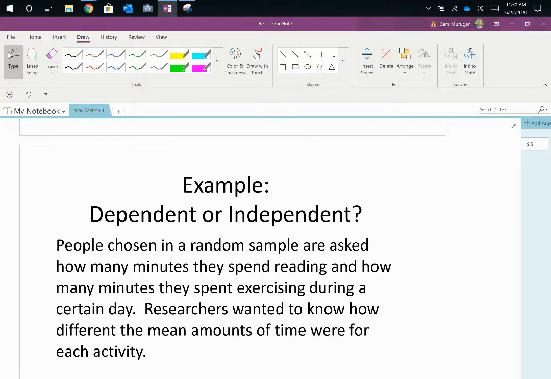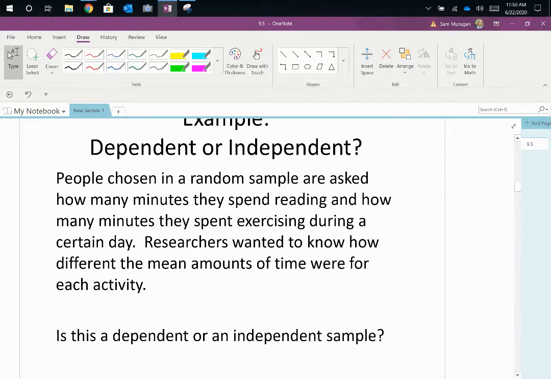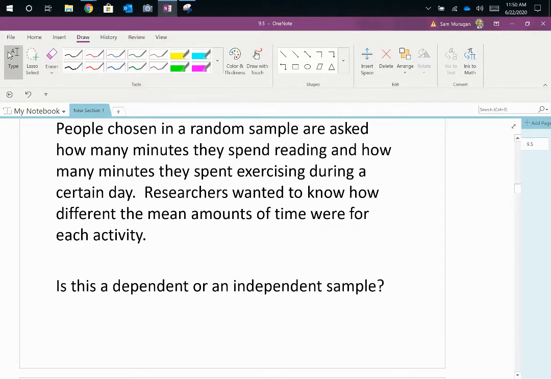People chosen in random samples are asked how many minutes they spend reading and how many minutes they spent exercising during a certain day. Researchers wanted to know how the mean amount of time differed for each activity. Is this a dependent or an independent sample?